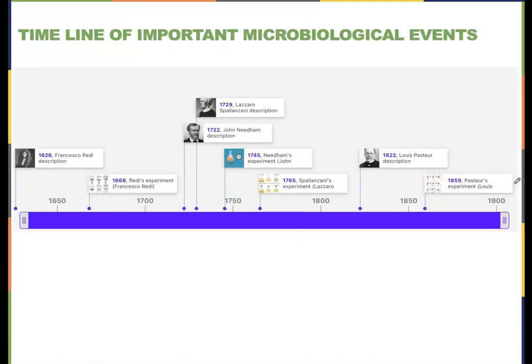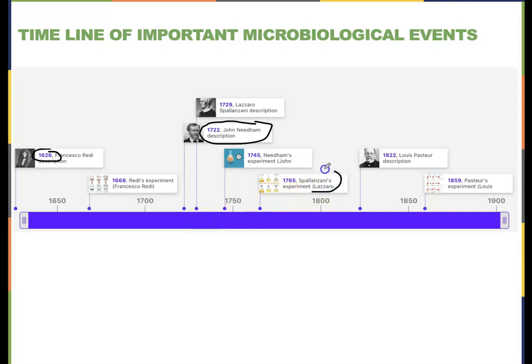All right, so in terms of the timeline of these microbiological advances, we have Francesco Redi a long time ago, in the 1600s, who wanted to disprove spontaneous generation. Then we have Needham, almost 100 years later, saying, wait, I think spontaneous generation is correct.